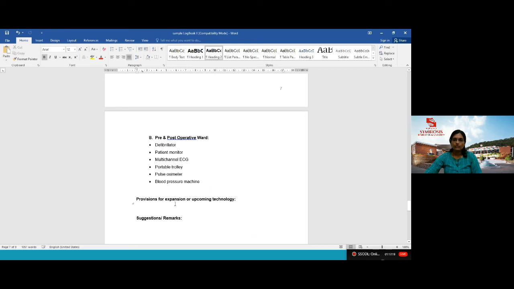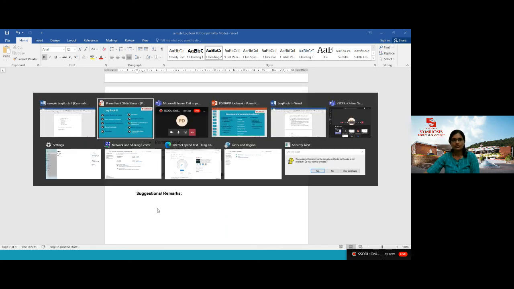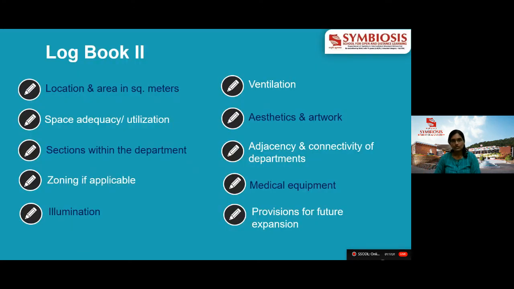Then provisions for expansion, whatever you feel, as per the trends, you have to write, along with suggestions and your remarks. All these points you have to write for each department. For OPD, all these points. For OT, all these points you have to describe and include in this report. You can add pictures, flow charts and diagrams in your final report.